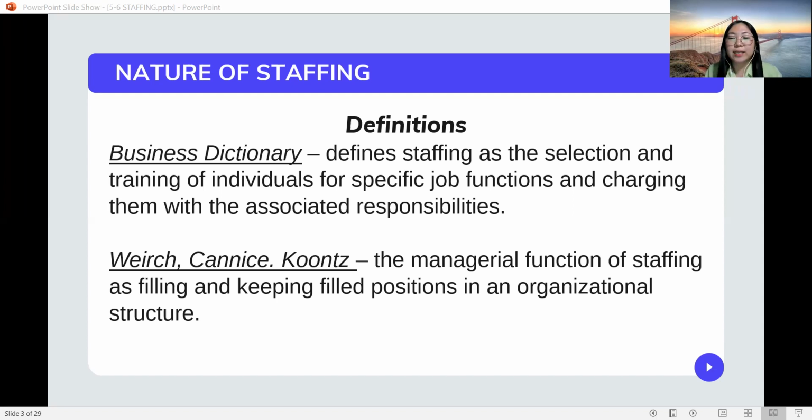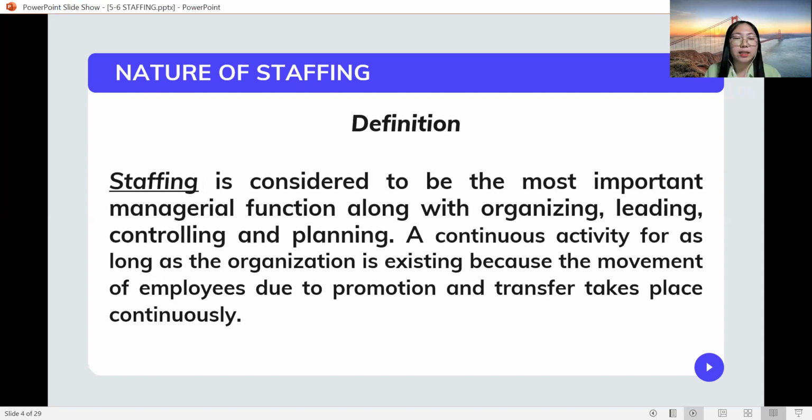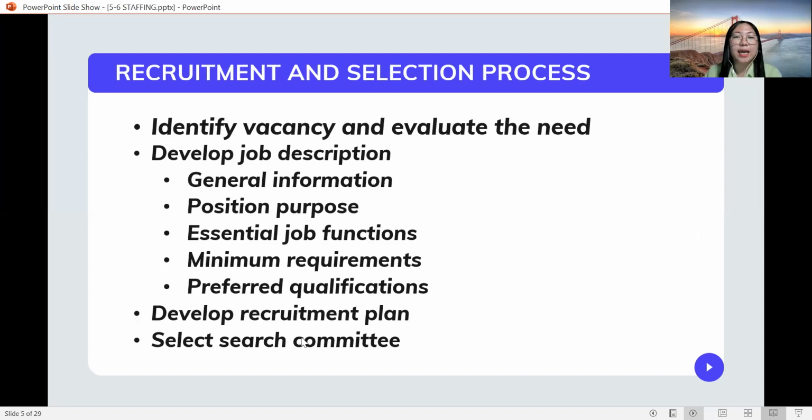So the next topic would be recruitment. As you can see, this would be the staffing definition as what I've discussed. And this is the next topic, the recruitment and selection process.